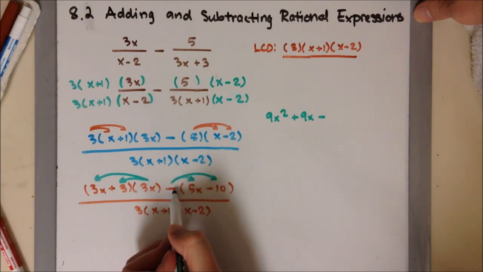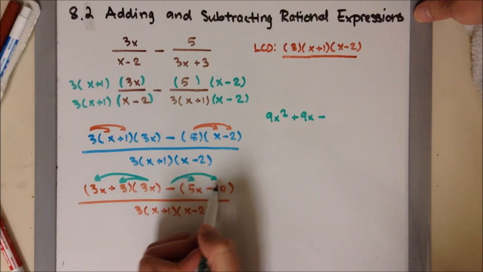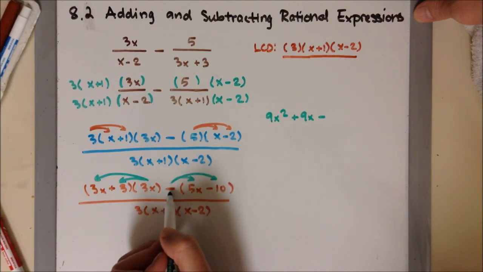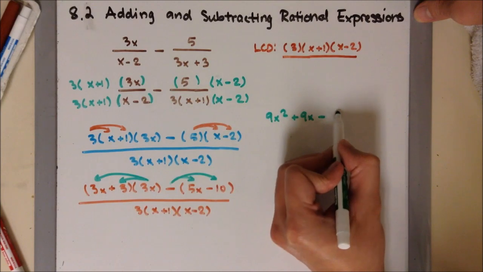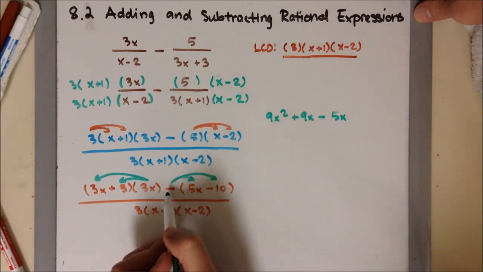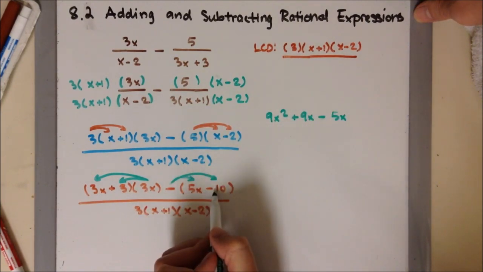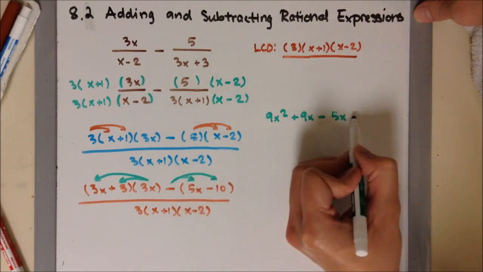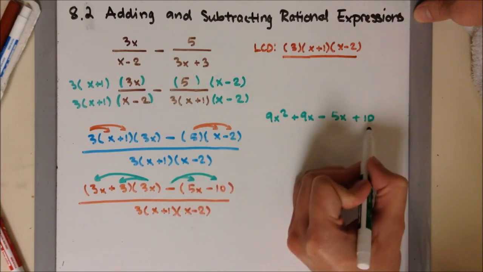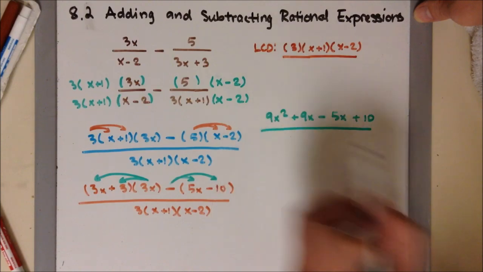So again, I'm distributing the minus to the 5x and the minus 10. The negative to the 5x will be negative 5x, and the negative to the negative 10 will become a positive 10.